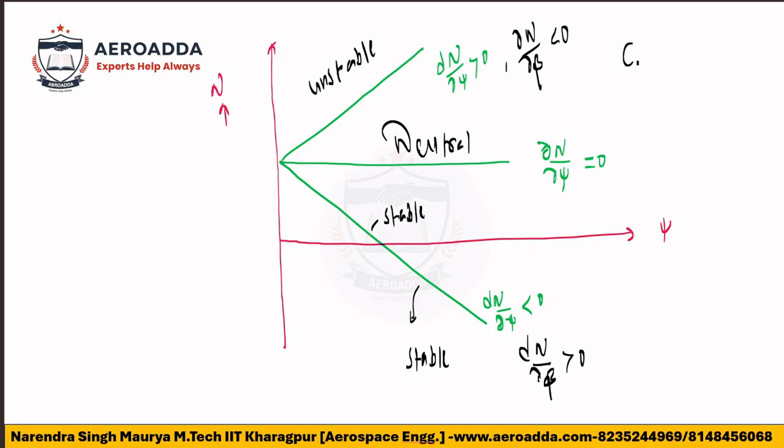This is also sometimes denoted by Cn beta. Cn beta less than 0 is unstable. Please remember. And Cn beta positive is stable, which is just opposite to the other cases.